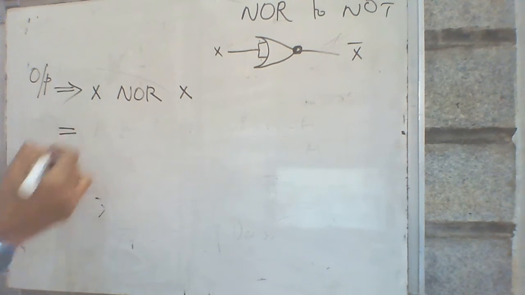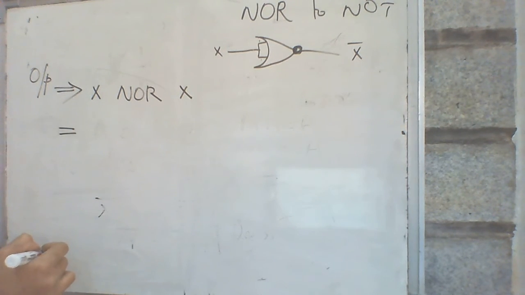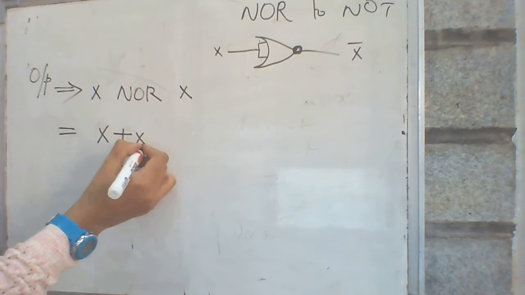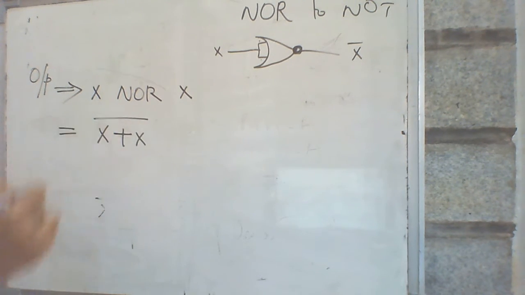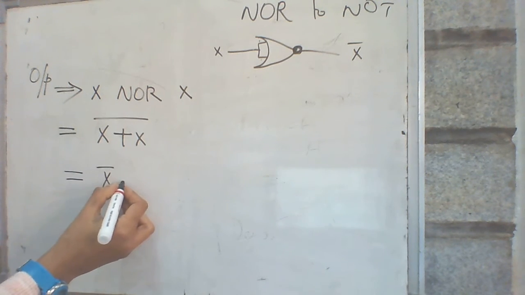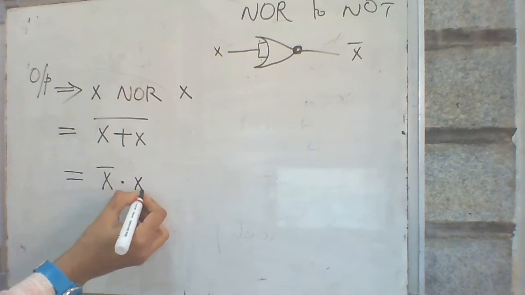Then what is X NOR X? If it is OR gate, X plus X. If it is NOR gate, X plus X the whole bar. Then what is the value of X plus X the whole bar? By De Morgan's theorem, X plus X the whole bar is equal to X bar dot X bar.